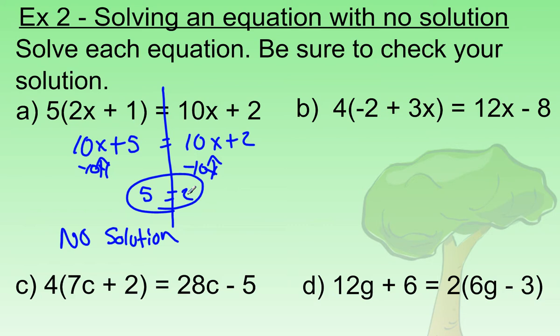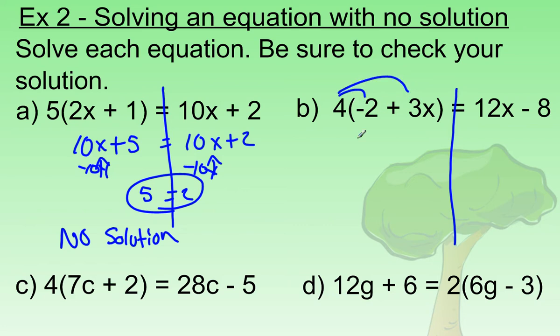Letter B. Same thing. I'm just going to solve the equation like normal, because later on you're going to see problems that say solve the equation if possible. So there will be some that you won't be able to solve, like these, and there'll be some that you can solve, like the ones we saw previously. So let's see.